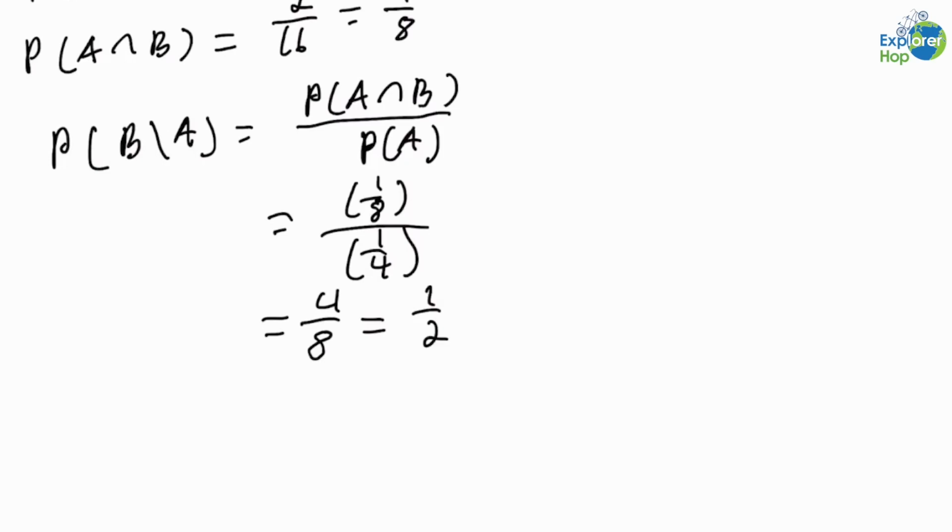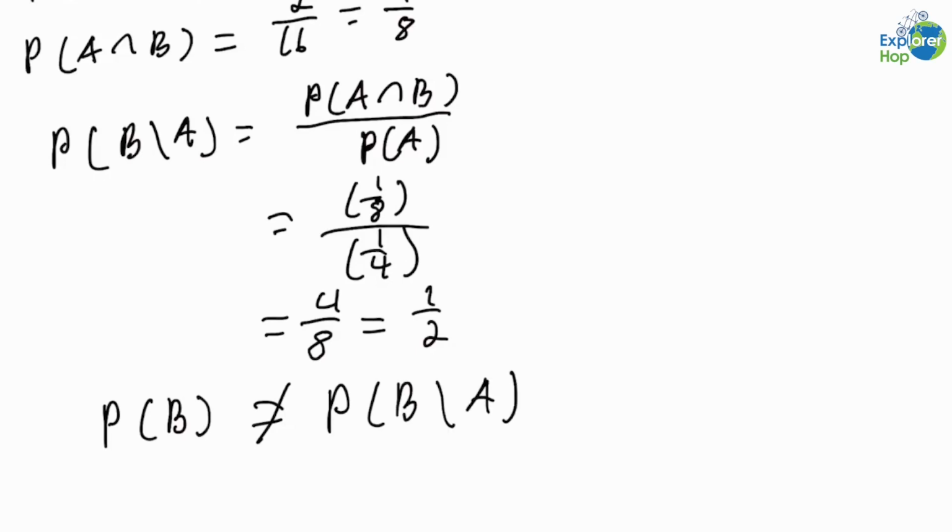Now, if we compare the conditional probability of B given A to the probability of B, we can see that they are not equal. So we can see that the probability of B is not equal to the probability of B given A, since 3 over 16 is not equal to 1 over 2, which therefore means that events A and B are not independent of each other.